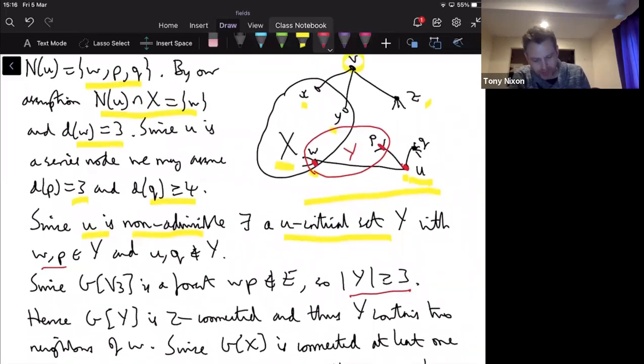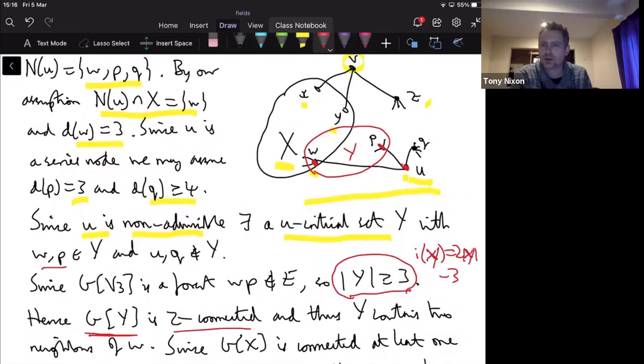Okay, so since it's a critical set with at least 3 elements, and critical means that I_Y is 2|Y| minus 3, the subgraph induced by the critical set is a 2-connected graph. The only chance it's not 2-connected is if it's a single edge, but it has at least 3 elements.